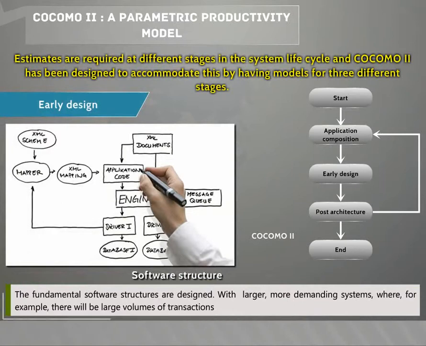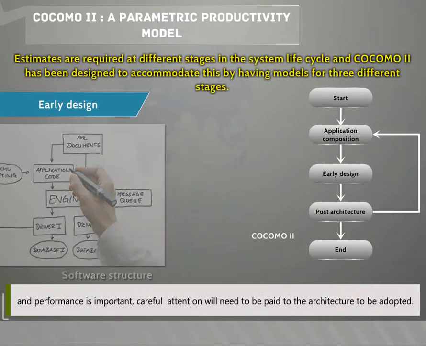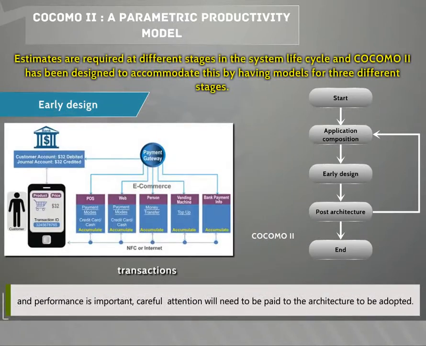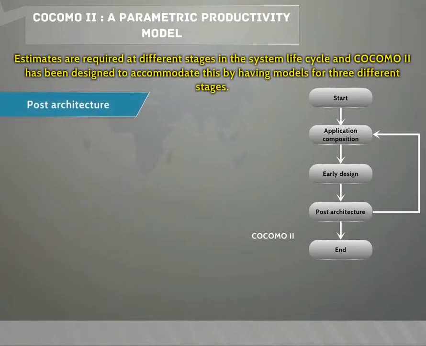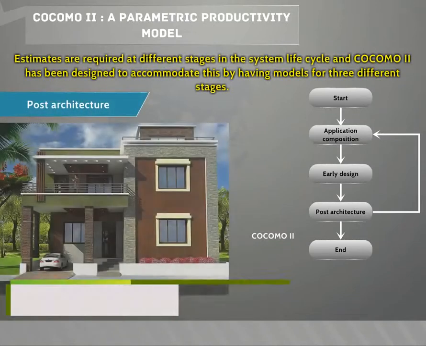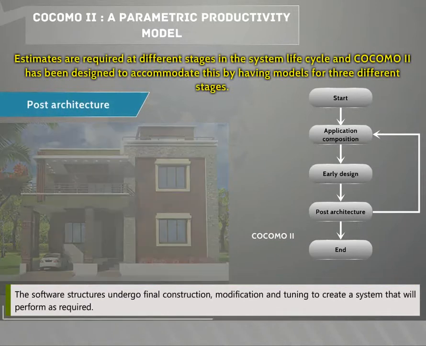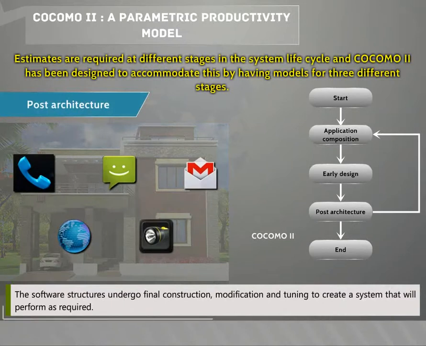With larger, more demanding systems where, for example, there will be large volumes of transactions and performance is important, careful attention will need to be paid to the architecture to be adopted. Post-architecture: the software structures undergo final construction, modification, and tuning to create a system that will perform as required.